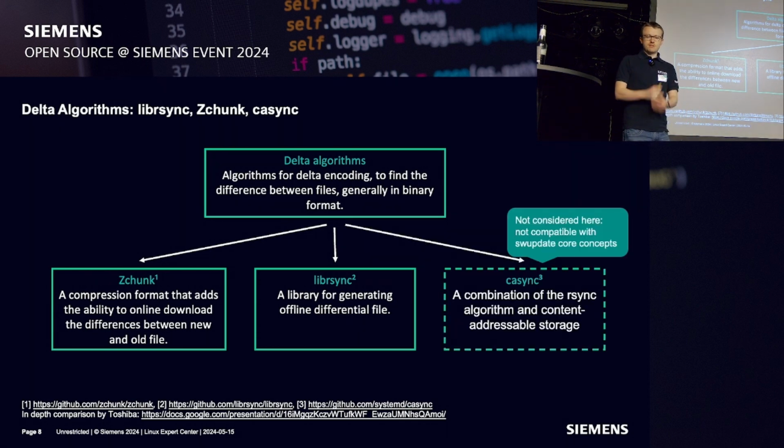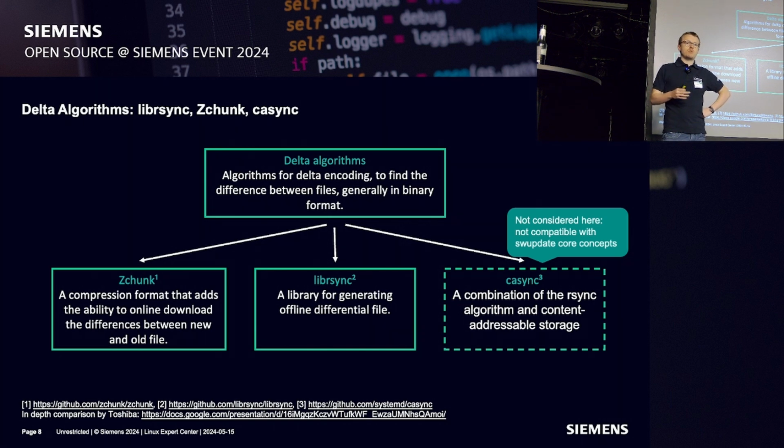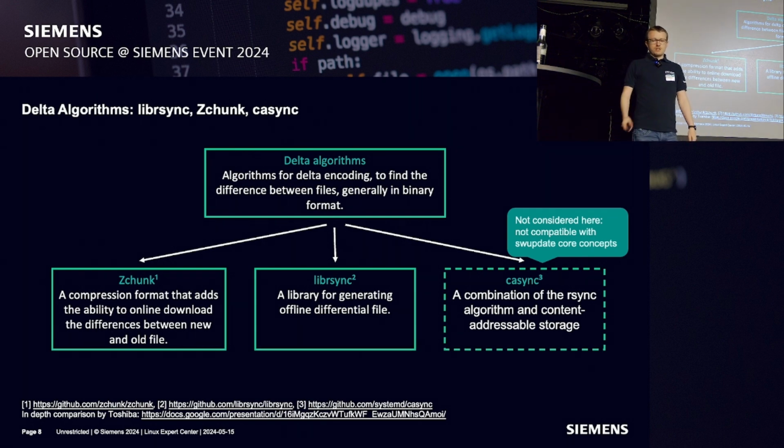A third strategy, which is mentioned in the OpenEmbedded world a couple of times, is casync that originates from systemd. The idea hereby was to have an efficient way to transfer test images. It's a combination of the rsync algorithm to compute the delta, as well as a way to address these deltas both on a blob level, block level, as well as on a per file level.